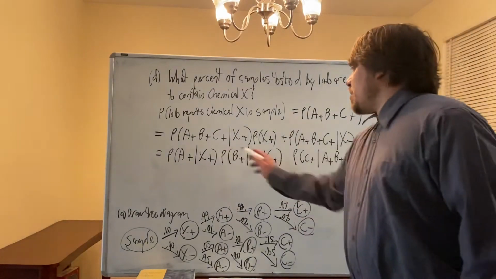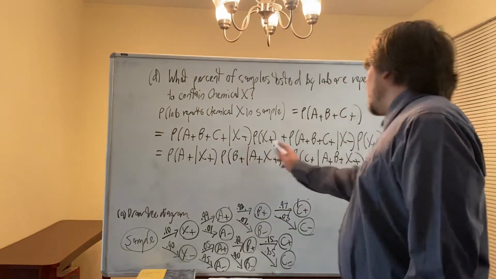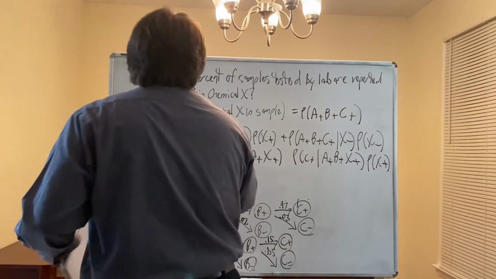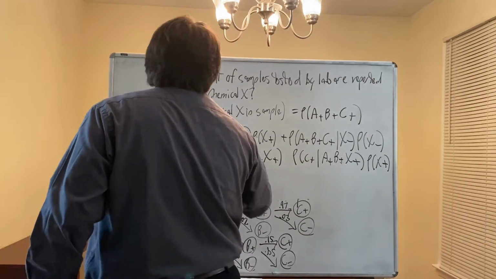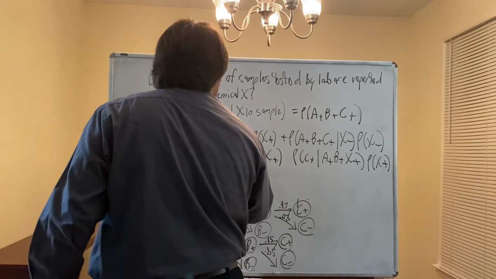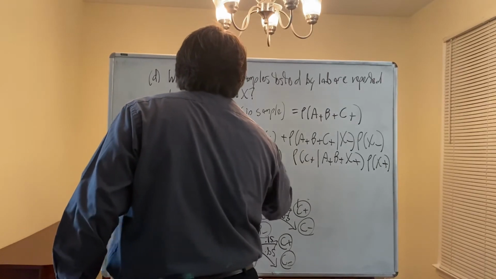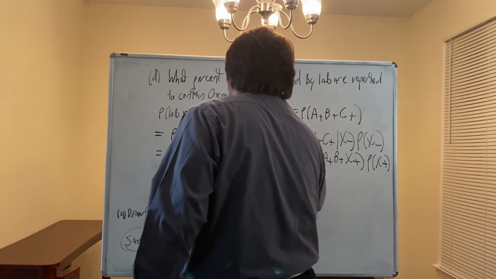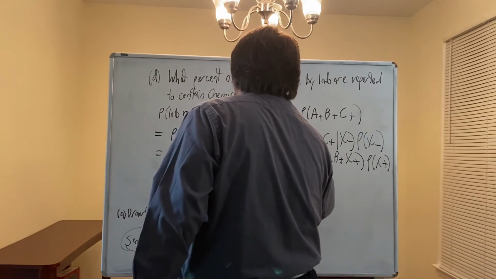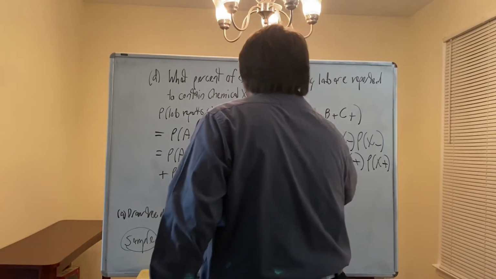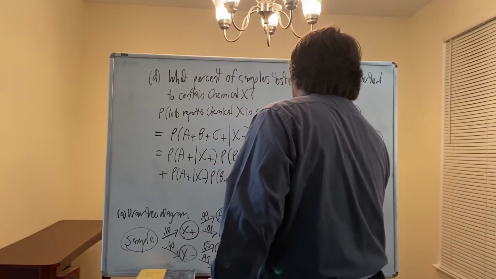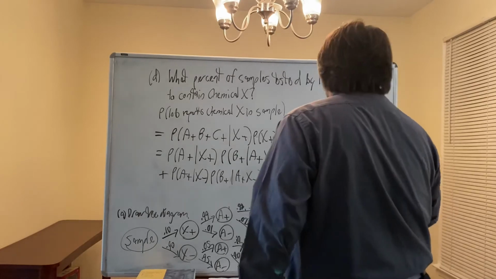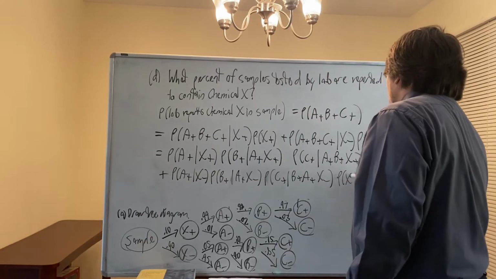Plus, now it's a plus sign, this probability is the probability of A plus given X minus, times the probability of B plus given A plus and X minus, times the probability of C plus given B plus, A plus, and X minus, times the probability of X minus.